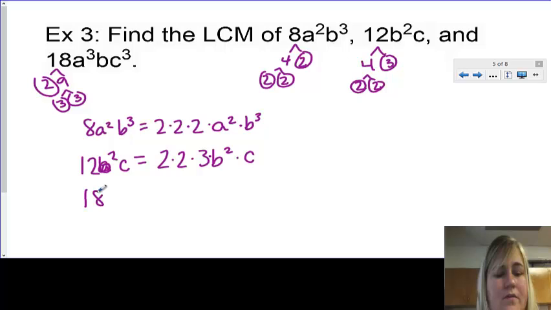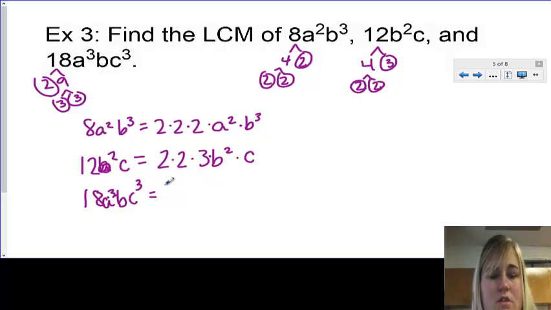So I have 18a to the third, b, c to the third, and that's equal to 2 times 3 times 3 times a to the third times b times c to the third.